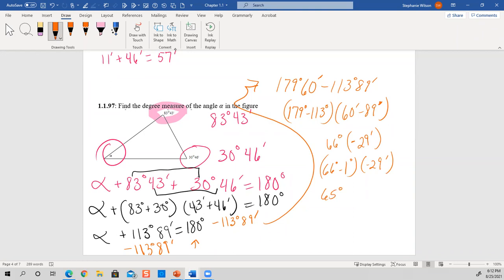However, I need to add on the 60 minutes right here, because I need a positive minutes. I don't need the negative. So when I take negative 29 and 60, it gives me 31 minutes. Right? And that is my answer.